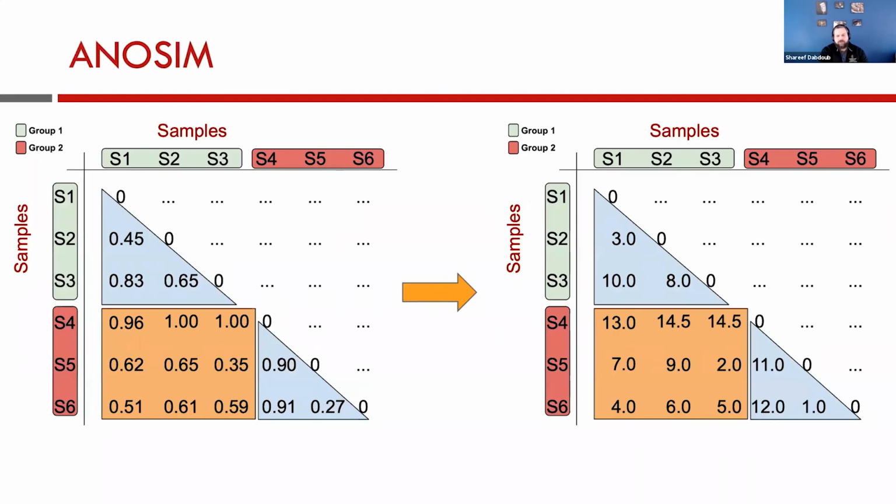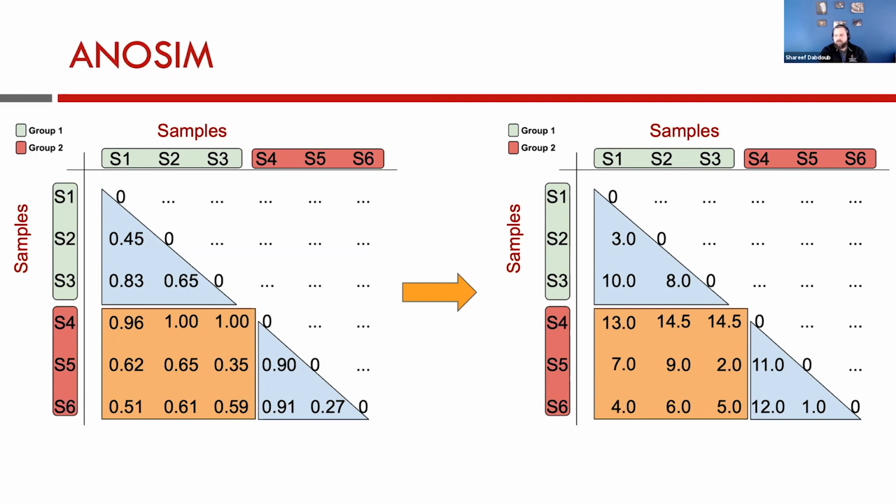So this is just a visual representation of ANOSIM. You start with a dissimilarity matrix that's similar to what we saw earlier on the left, and then it's transformed into a ranked dissimilarity matrix. And then the ANOSIM statistic compares the mean of the ranked dissimilarities between groups to the mean of the ranked dissimilarity within the groups.